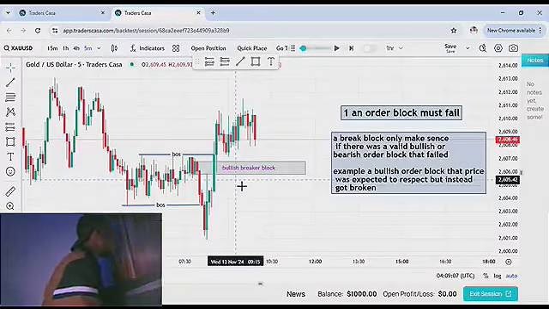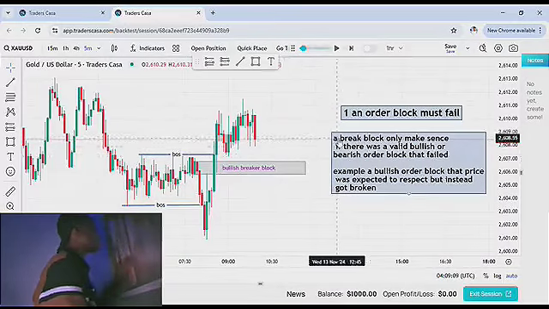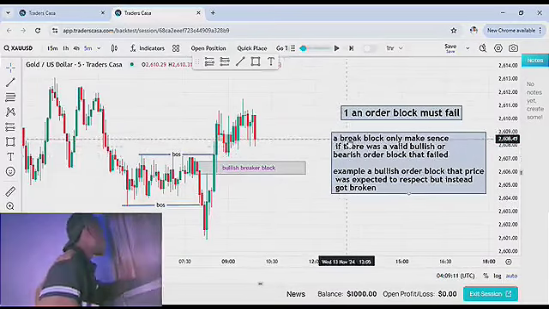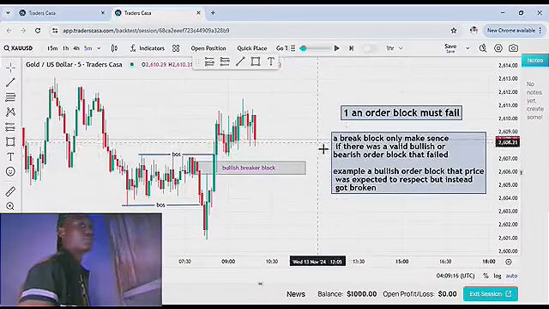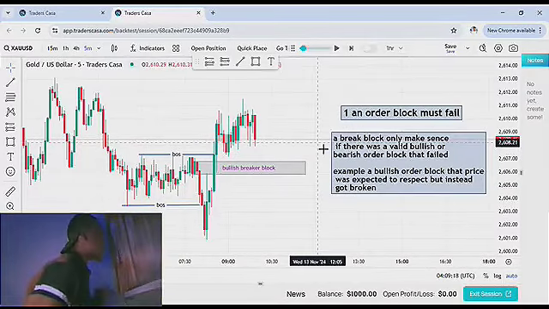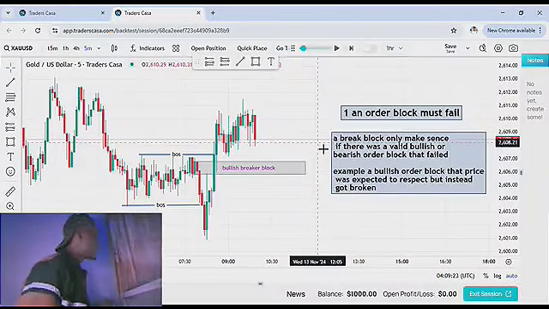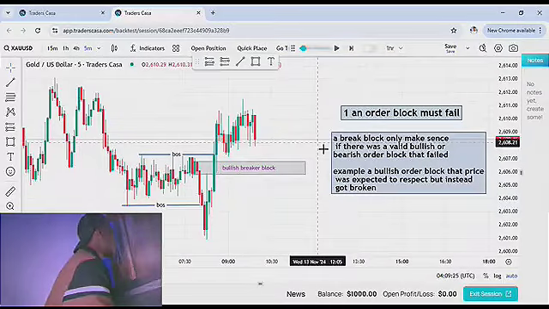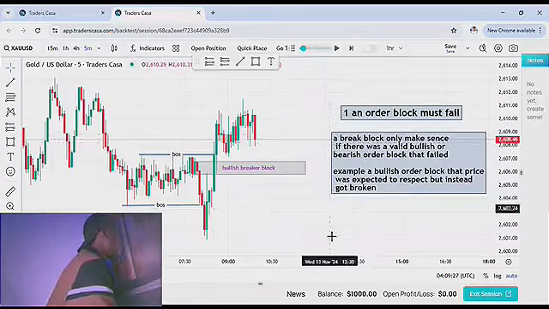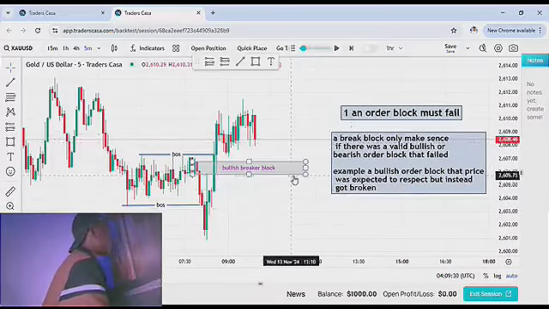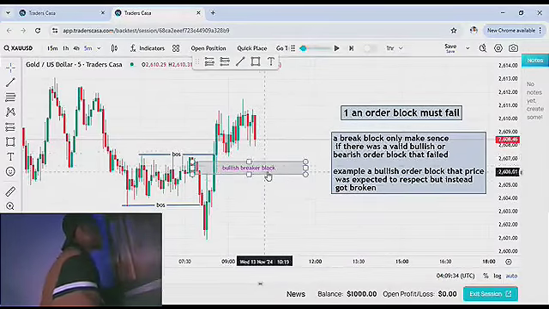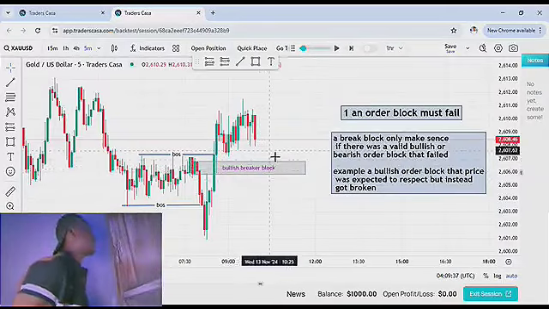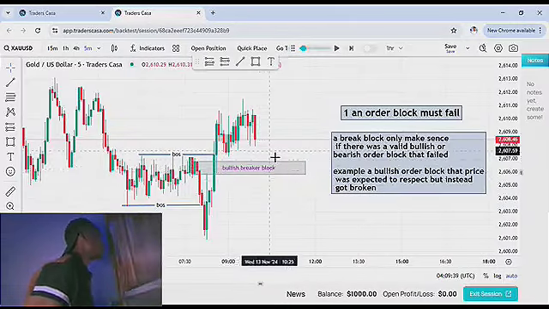A breaker block only makes sense if there was a valid bullish or bearish order block that failed, which is to tell you that an order block must fail before it becomes a breaker block. Simple. So right here, if price comes back to this order block, breaker block right now, you should respect it and keep going up higher. That is the easiest way to trade a breaker block.